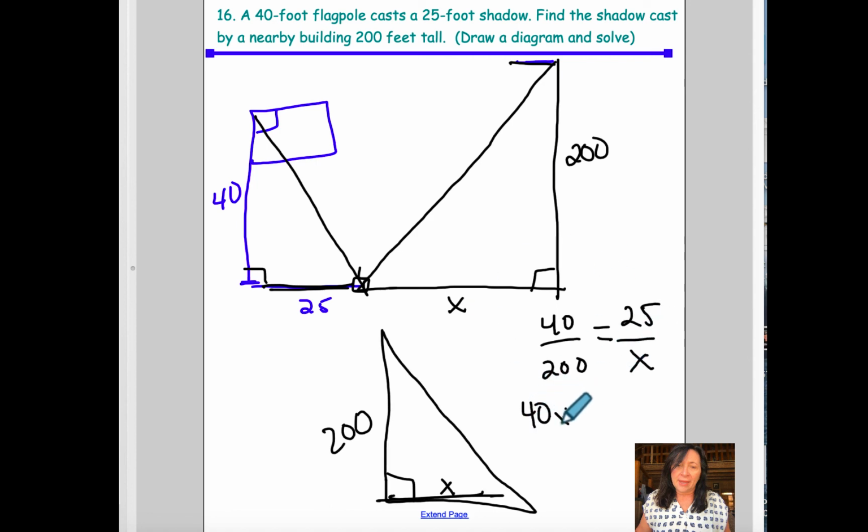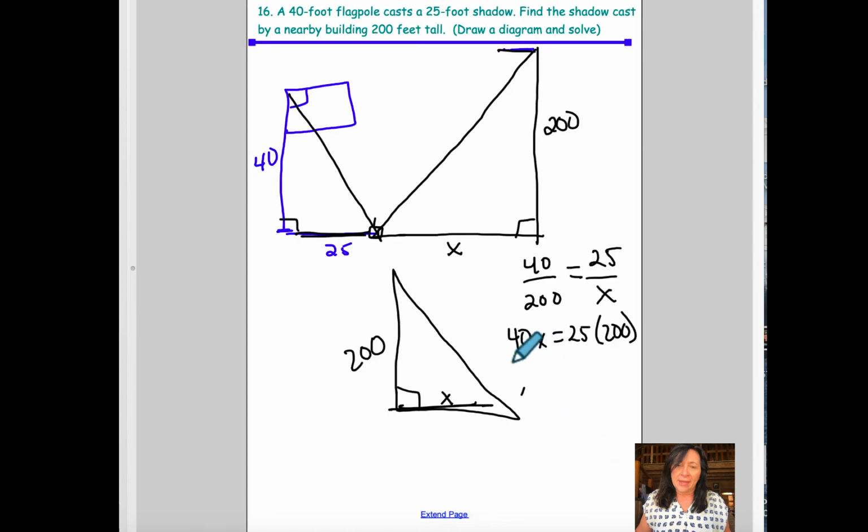I get 40 times x equals 25 times 200. I'm going to divide both sides by 40. And in doing that, I get x equals, 4 divides into 25 times, 5 quarters, 125. So this looks like I'm in feet. So this shadow is 125 feet.